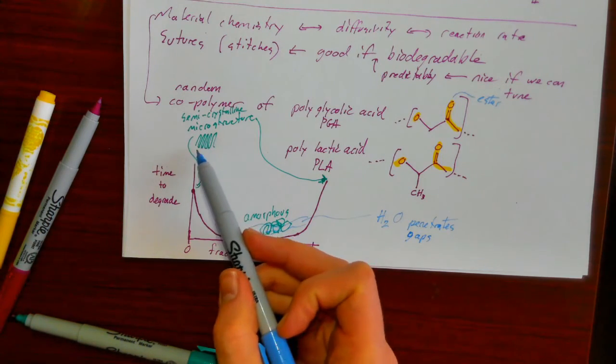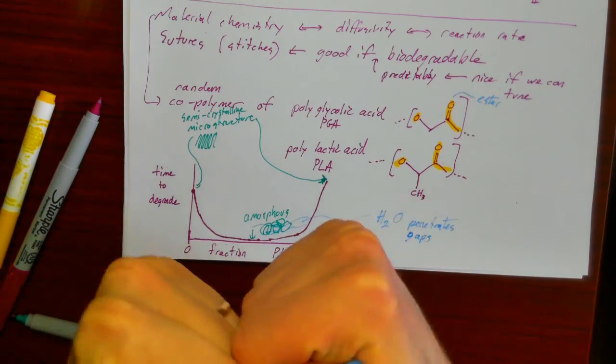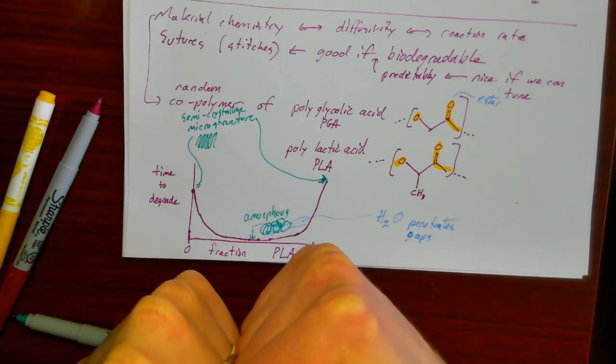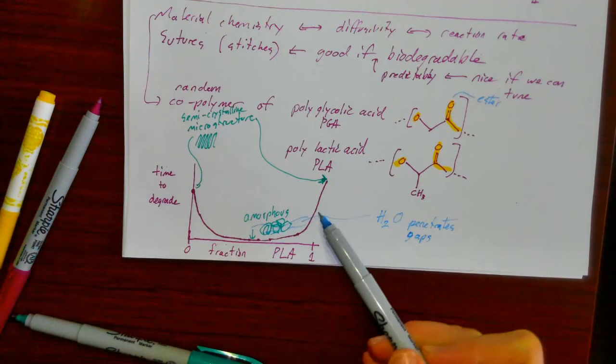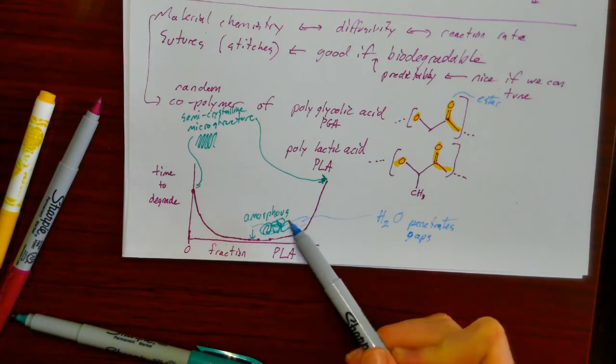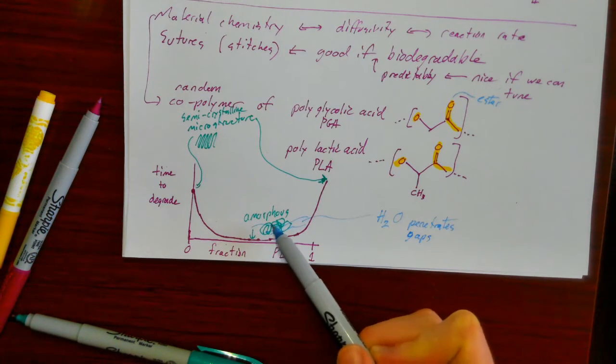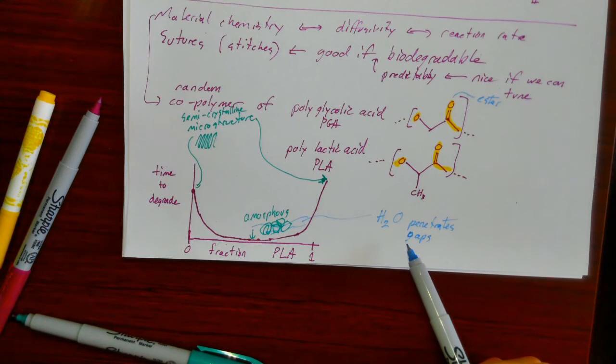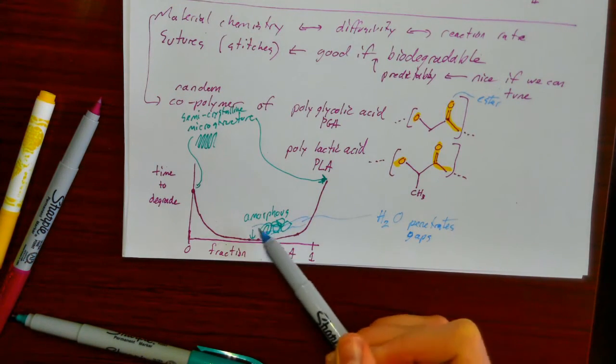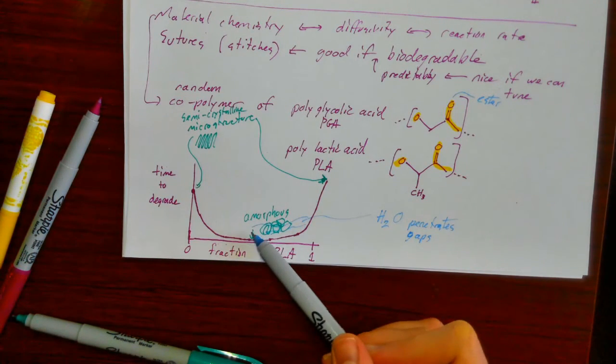It's like the movie 300, where the 300 Spartans all have their tight shields all together. But here, it's amorphous. They're loose ranks. The water can basically sneak in, and it can start attacking all of these. And basically, if the H2O can penetrate the gaps, then it has access to degrade more of the monomers at the same time.